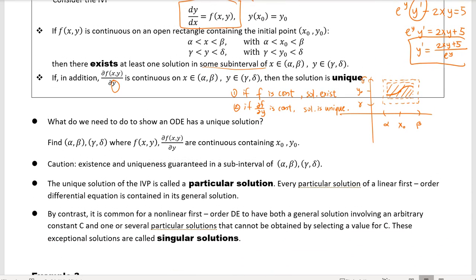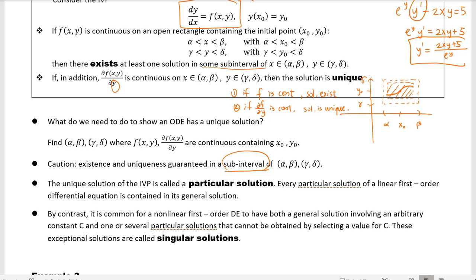Well, you want to find intervals for x and y where f and partial f partial y are continuous, containing x0 and y0. Caution, existence and uniqueness are guaranteed in a subinterval. So the theorem guarantees the existence and uniqueness of the solution in a subinterval. So you might not get a solution on the entire interval, but you might get one on a smaller interval.